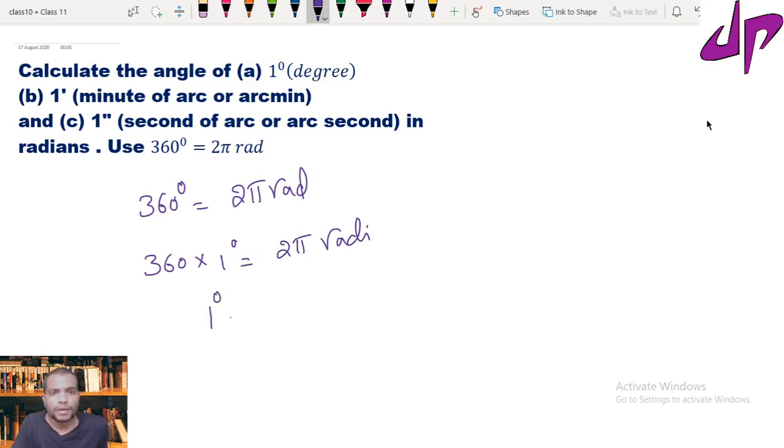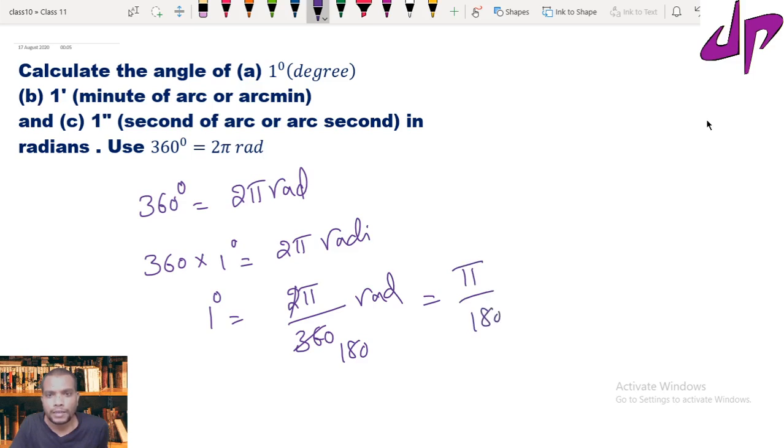So 1 degree equals 2 pi upon 360 radians. We can cancel 2 in 360, which gives 180, so 1 degree equals pi upon 180 radians.